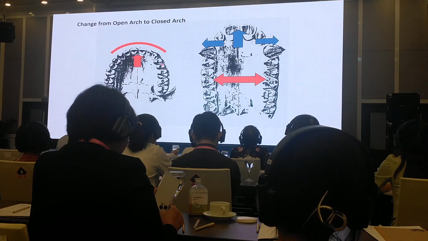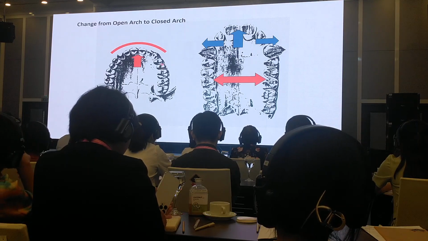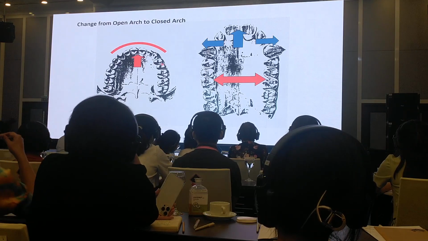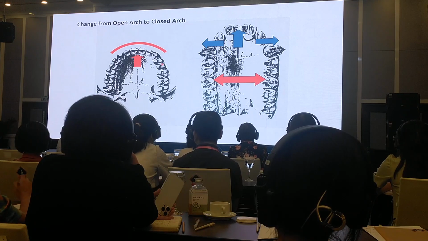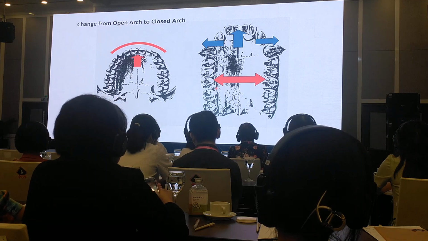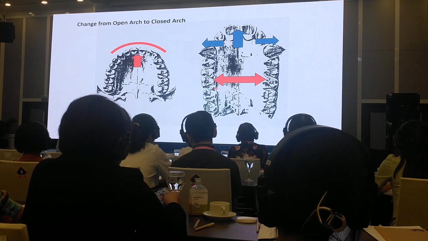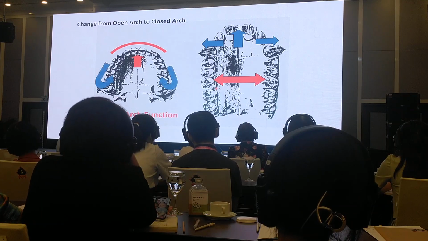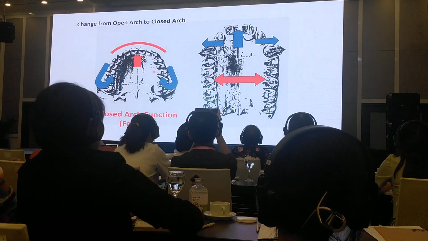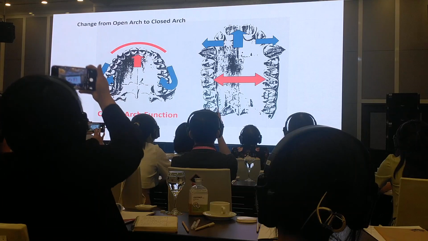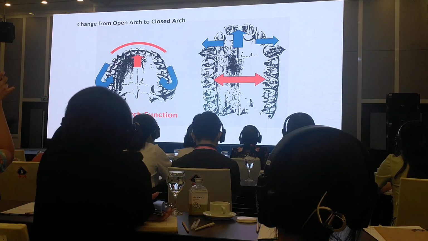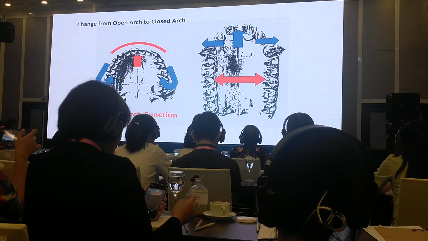But going back, once open or forward movement, the final closing position is always inside of the fence. Therefore, our neuromuscular system tries to pull the mandible back and go to the final destination inside of the upper arch. This is what we call closed arch function. Sometimes we call this fencing. Okay?